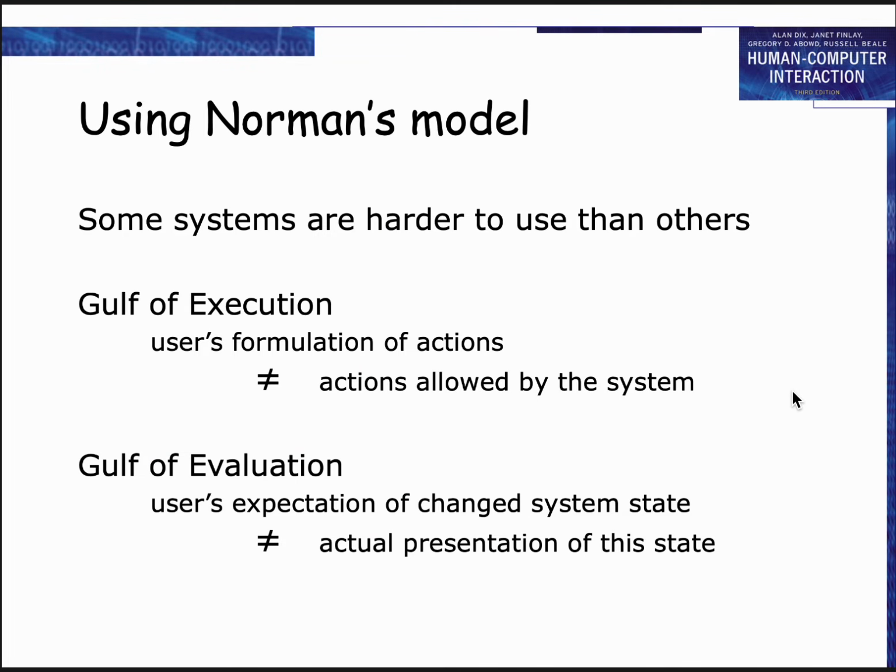Now, using Norman's model, some systems are harder to use than others. So we have here two factors to be considered whenever we use Norman's model. The first one is the gulf of execution. Gulf of execution is the degree of ease with which a user can understand the current state of a system.